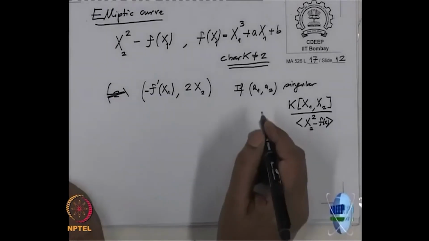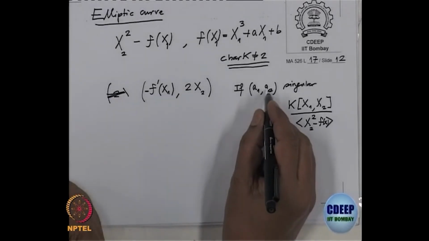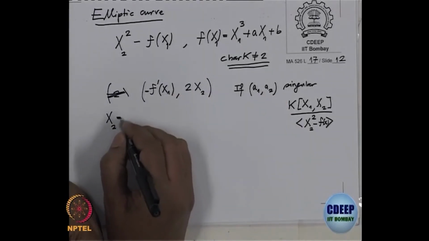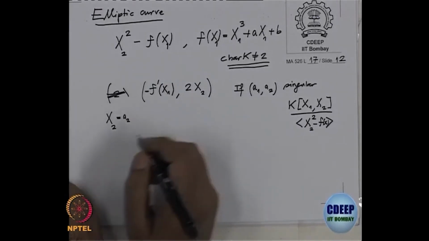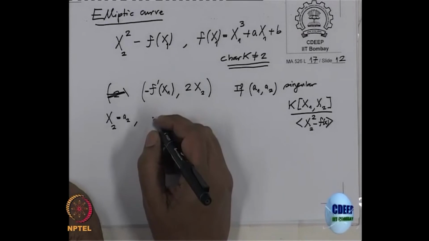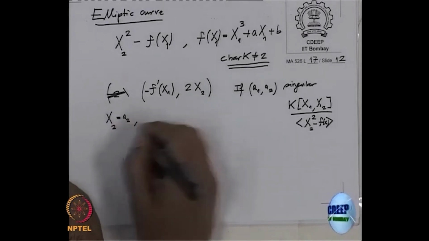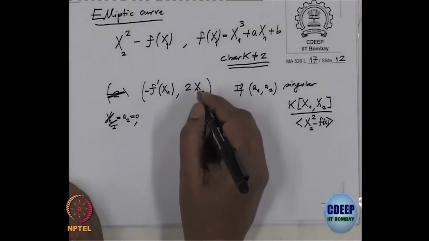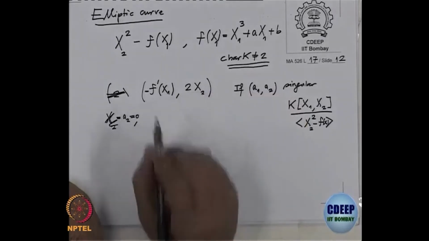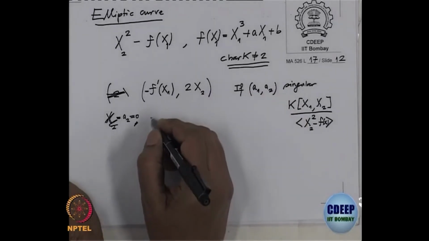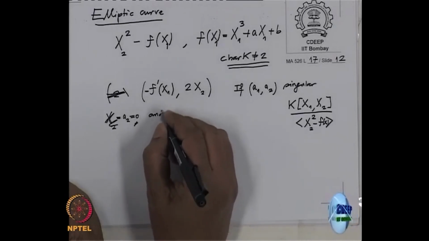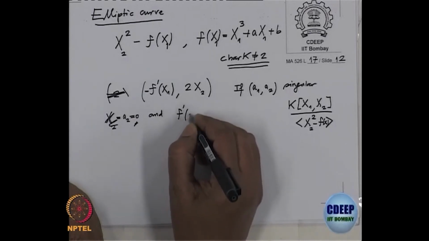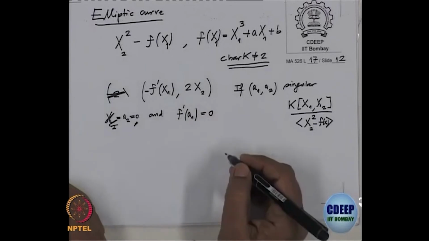So when do singular points exist? That means when I plug this in, it should become 0. That means the condition is x2 equal to a2, and a2 should be 0, because this coordinate should be 0, characteristic is not 2, therefore a2 should be 0, and f prime at a1 should also be 0.